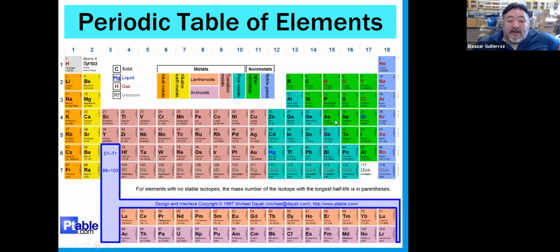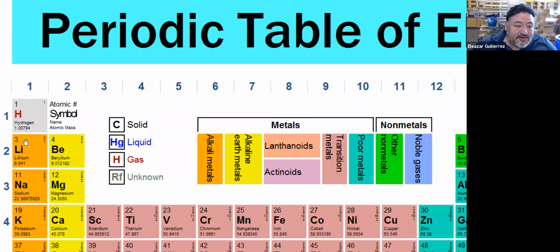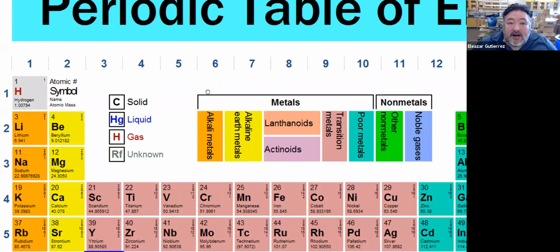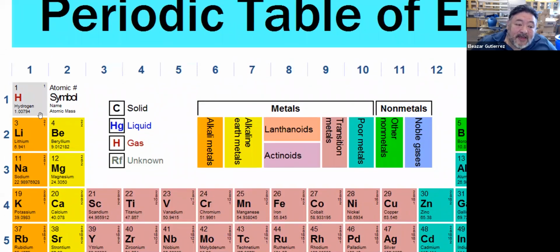Okay, so what do we have? Here's our hydrogen. Notice that we have an atomic number of 1. Do you see that? That means that all hydrogen has 1 proton. But look at the atomic mass, it's 1.00794. Why are those not the same?